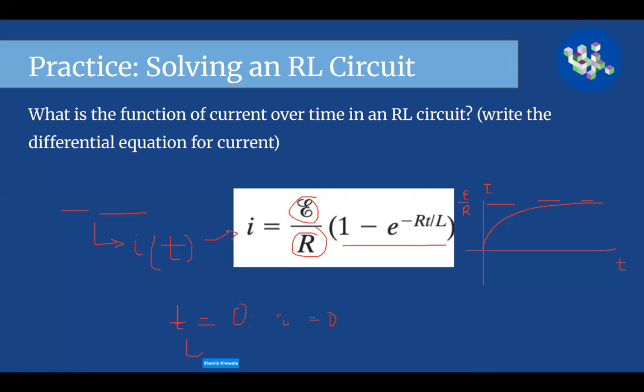But after a long time, as t approaches infinity, this equation gives us I equals epsilon over R. And you can see why, because the inductor will be like a wire, so you'll just have an EMF and a resistor, and that's just Ohm's law, I equals epsilon over R. Are there any questions about that? If not, we can move to the next slide.